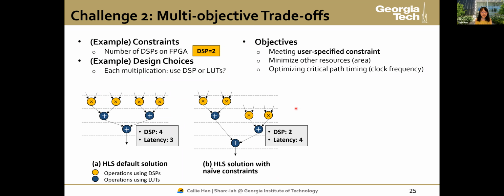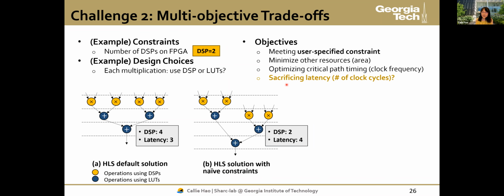And this is another design choice, an HLS solution with a naive constraint, where we make a hard constraint: there are only 2 DSPs. But in this case, we can see that latency increased from 3 to 4. So this is an alternative solution, but do we have a better solution that keeps the constraint but does not affect the latency?